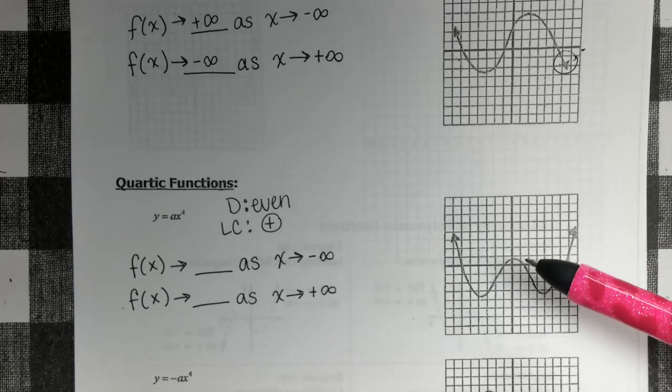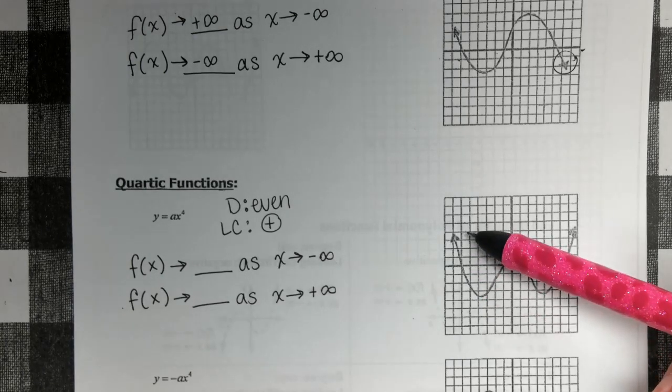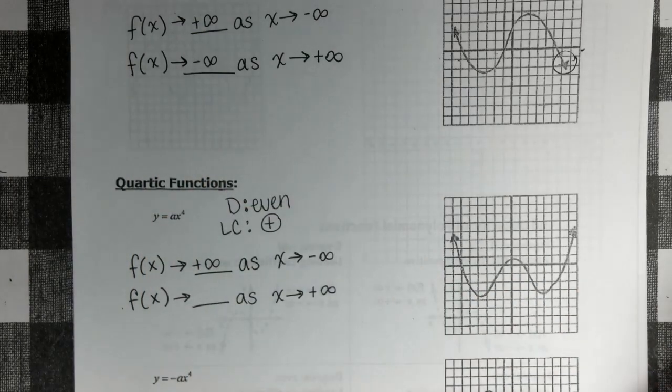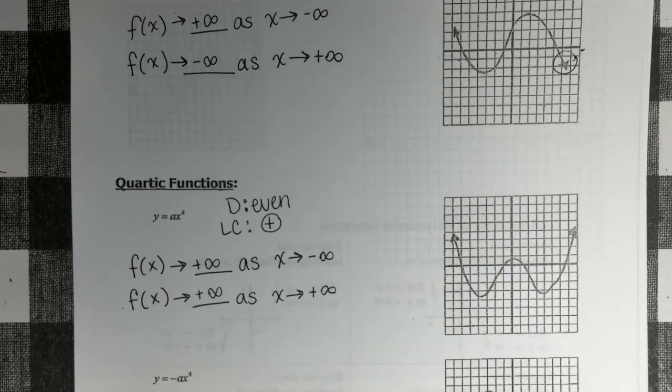On the left side of my graph, as x approaches negative infinity, where's my graph going? Positive infinity. What about the right side? Positive infinity again. Okay.